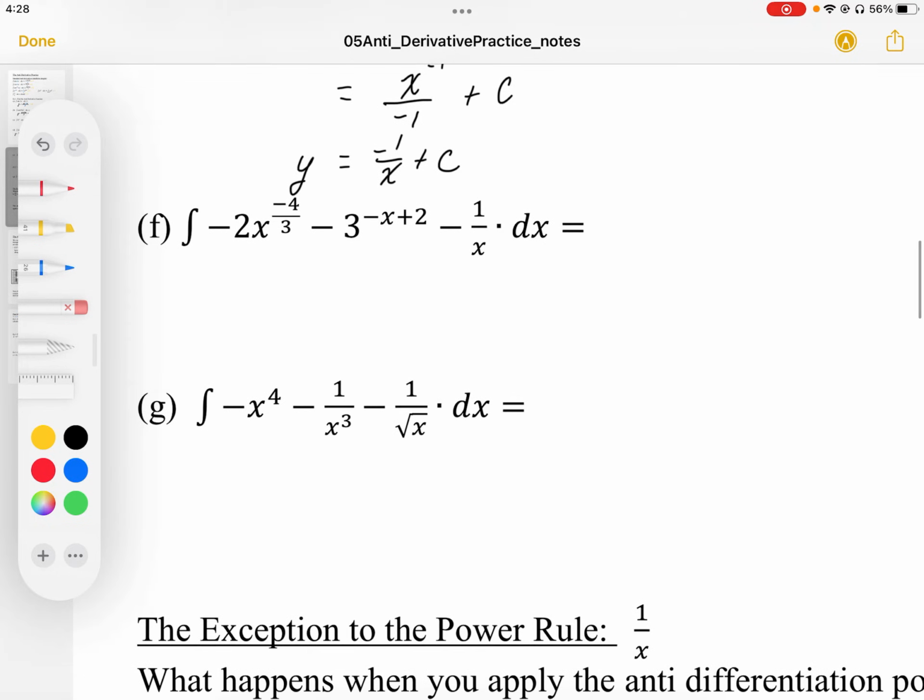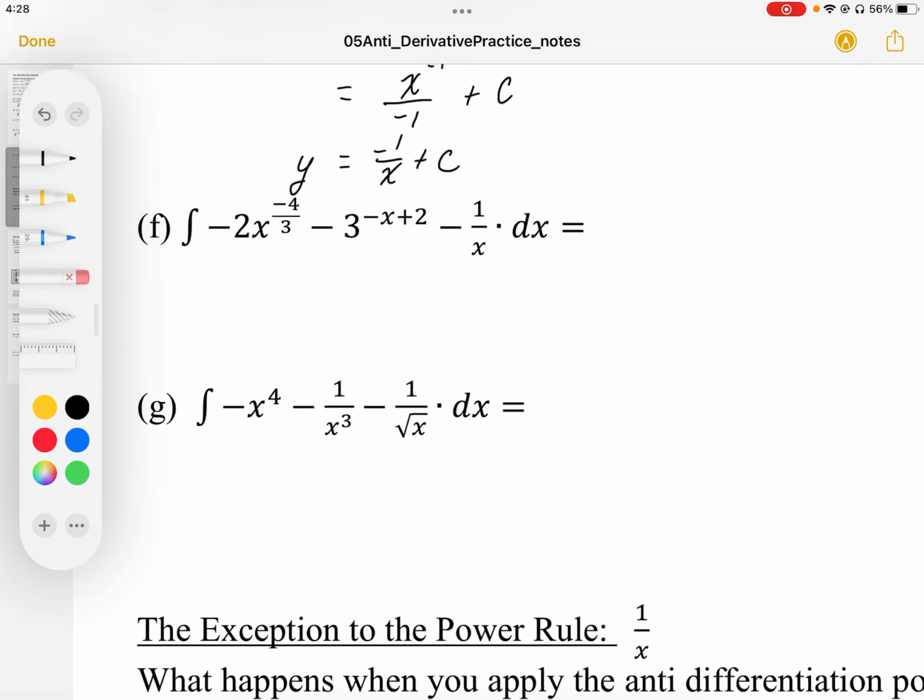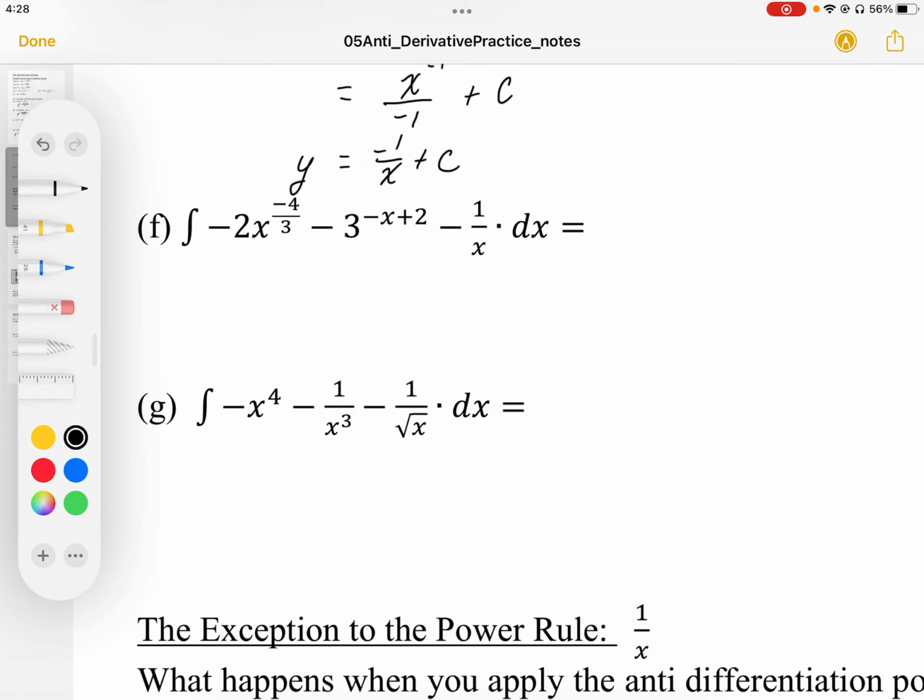For f, we can apply the power rule here. So I'm going to anti-differentiate this. So I'm going to end up with -2. So -2, I'm going to increase the power by 1. So -4/3 plus 1 is going to be -1/3. I need to account for that power with a divide by -1/3. Now I'm going to have to make sure I clean that all up.